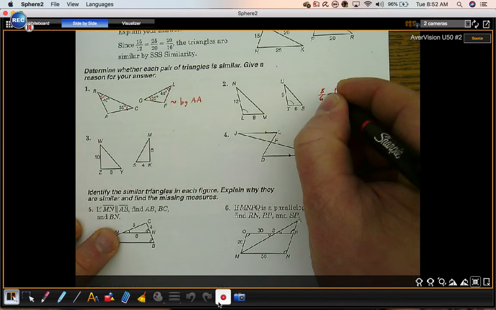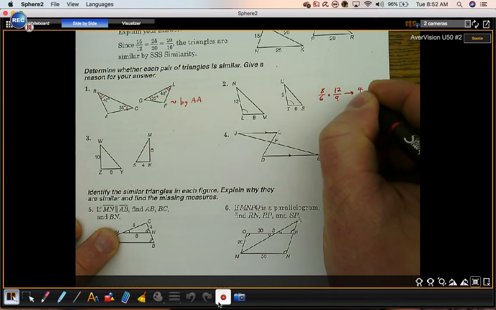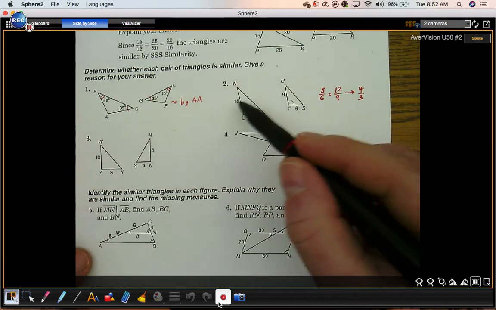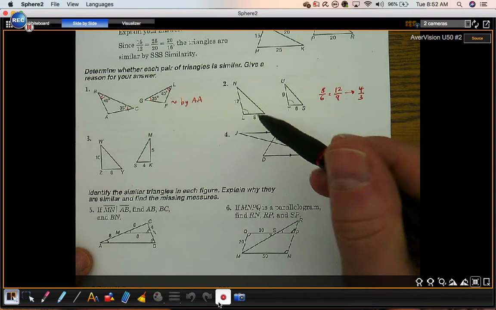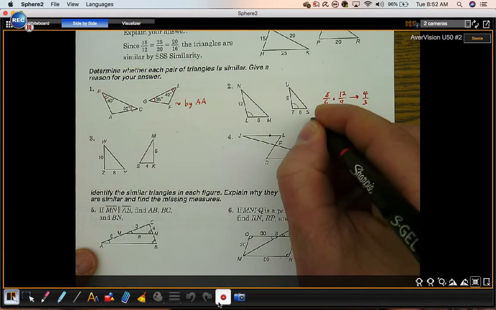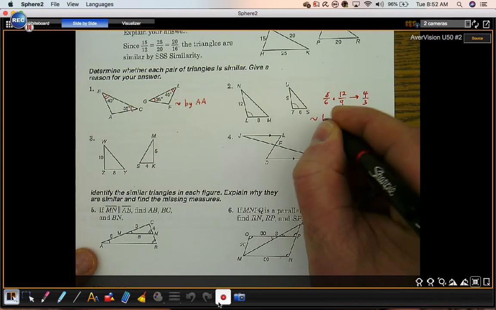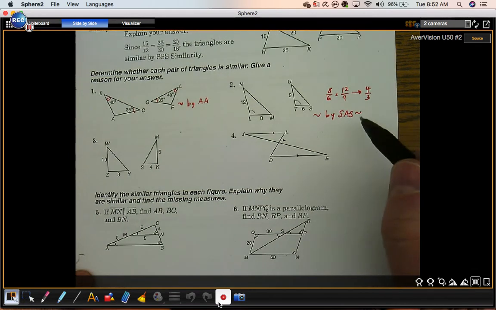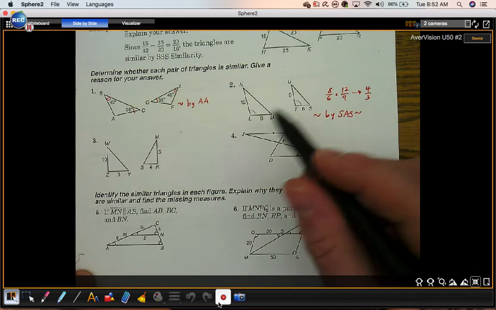Both of these reduce to 4/3. So that means these sides are proportional and we have congruent angles in between. So these triangles are similar by side, angle, side. I put that little tilde there because we're talking about similarity here, not congruence.